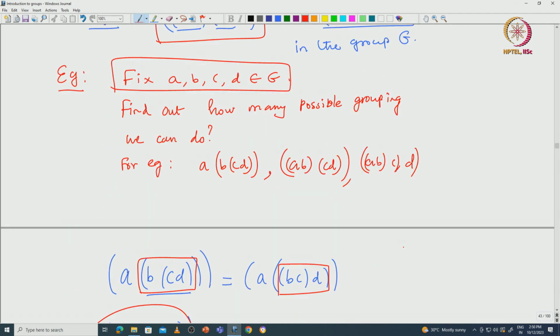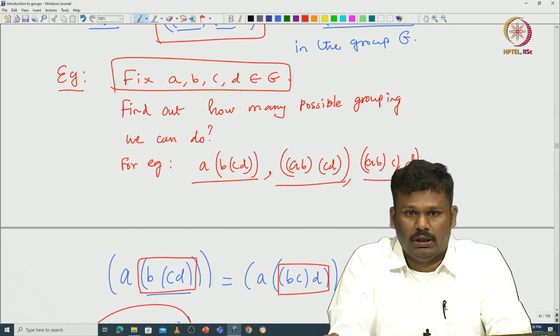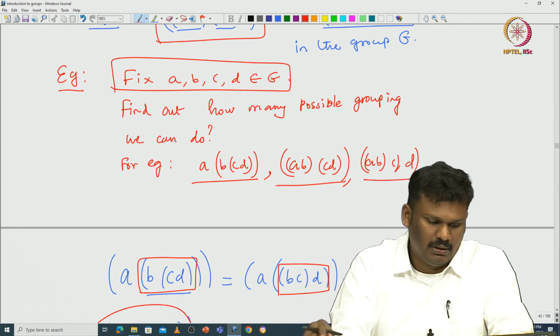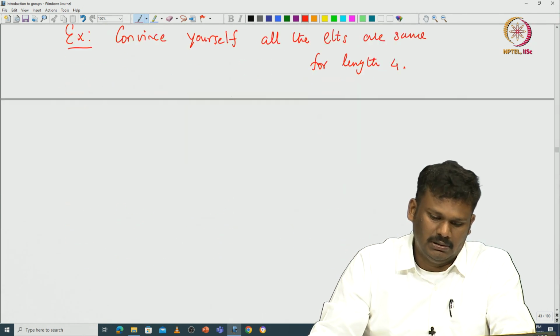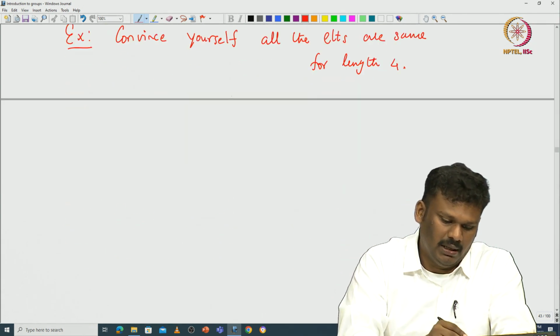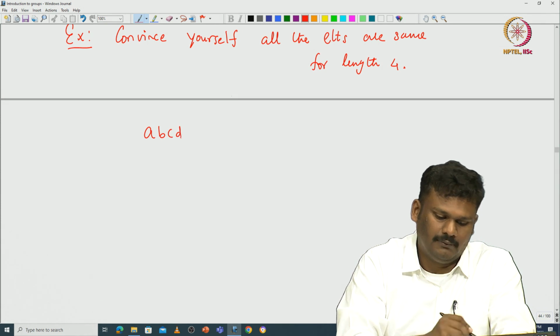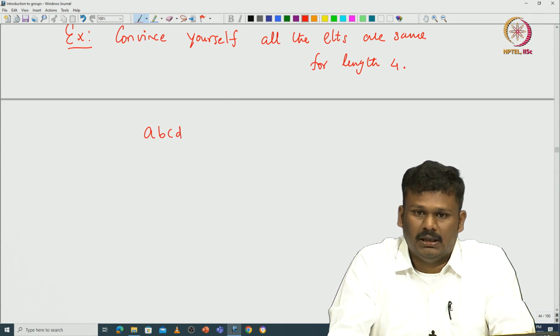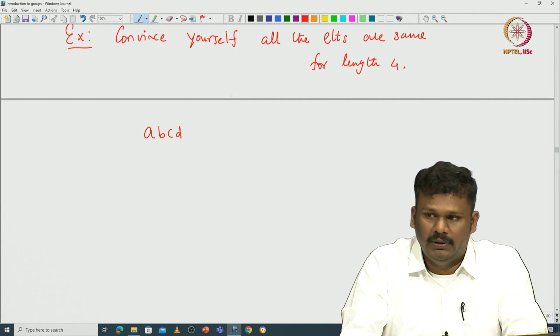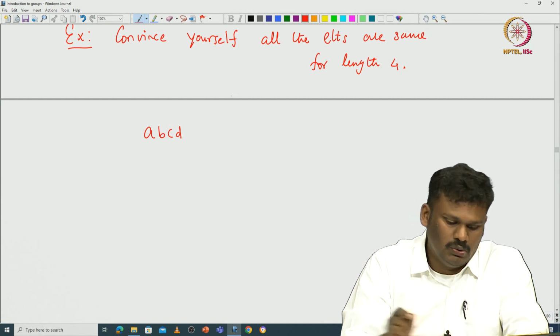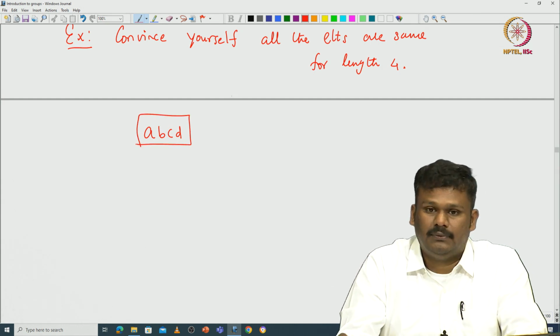That means given only A, B, C, D, you are considering all possible brackets like this, but it doesn't matter which bracket you take, you still get the same element. That is what I am saying. That unique element is denoted by just A, B, C, D, because the way that we group them doesn't matter.